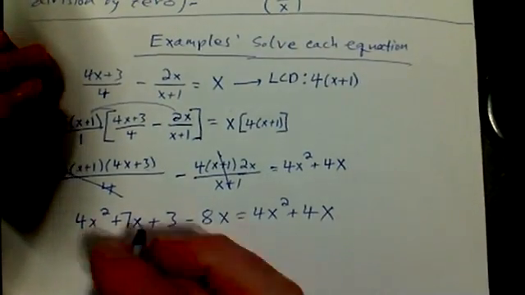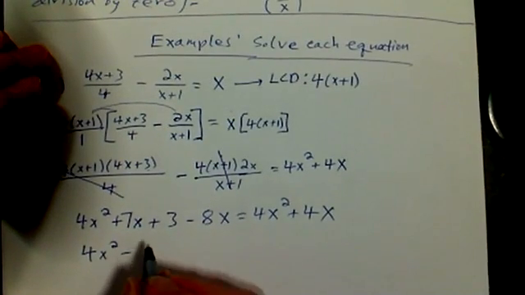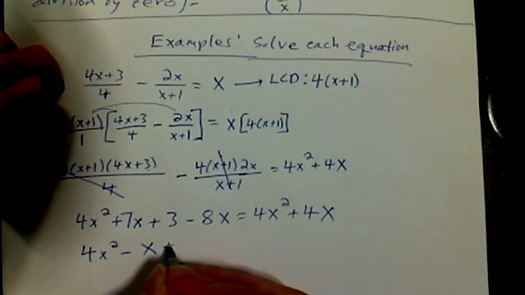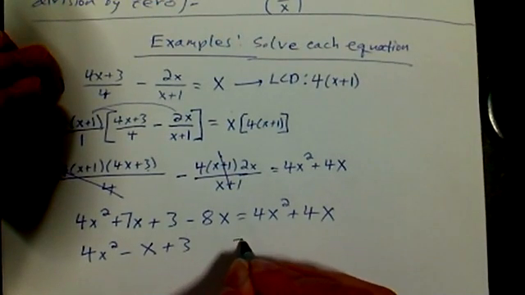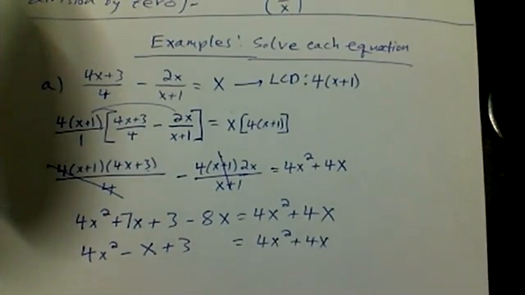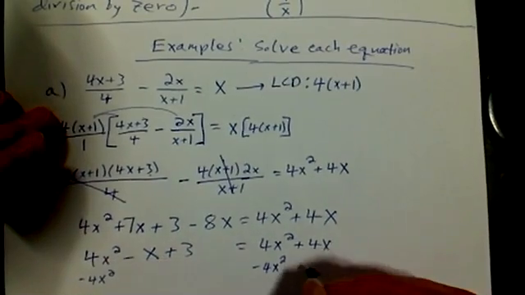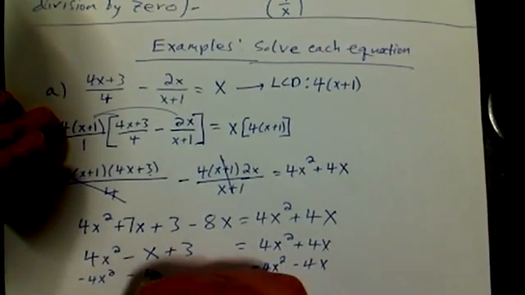Okay, so let's combine any like terms on each side, and it looks like we have 4x squared minus x plus 3 is equal to 4x squared plus 4x. Now we know with quadratic equations, we want to try to get everything on the same side and then equal to 0. So let's subtract 4x squared from both sides, and then we'll also subtract 4x from both sides.